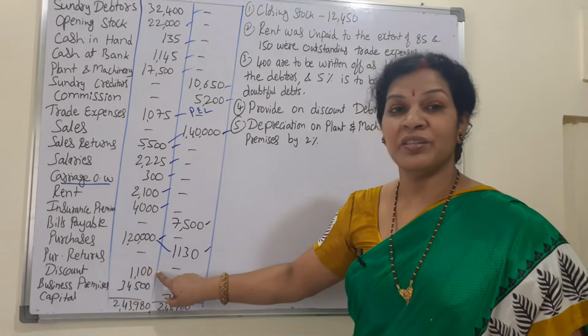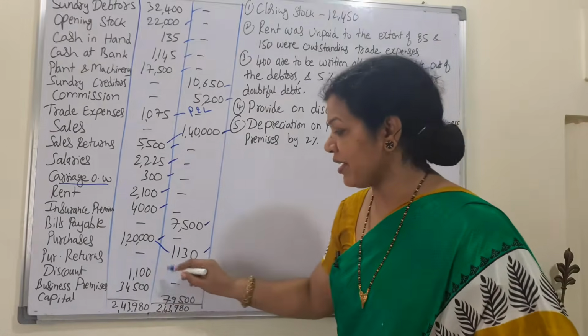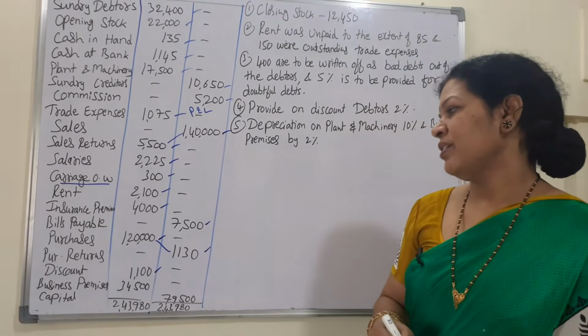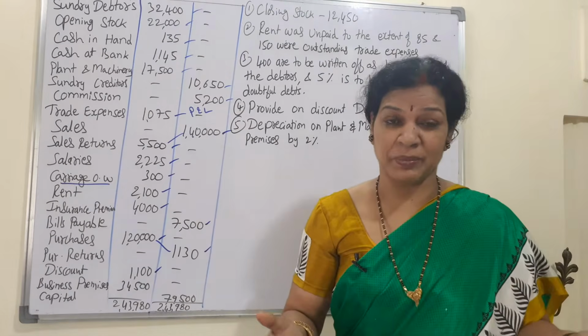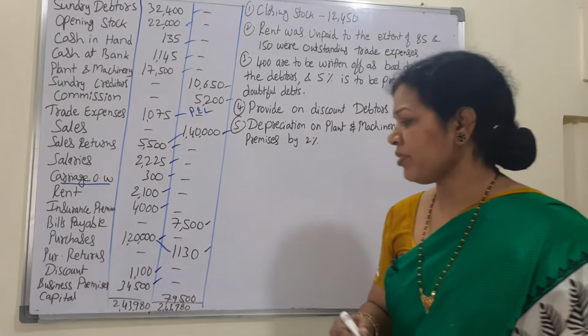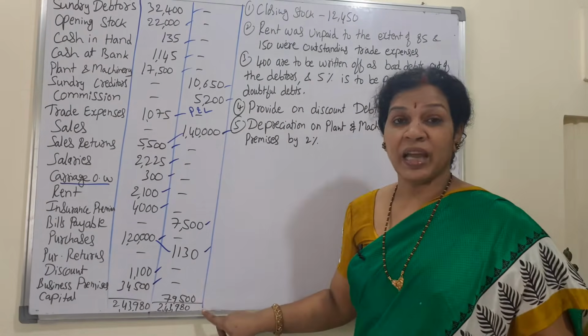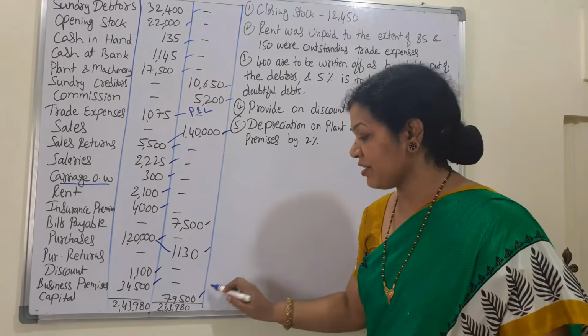Next, discount, profit and loss account debit side, because it is an indirect expense. Next, business premises, that's an asset, so balance sheet asset. Next, capital. Capital is always taken on the balance sheet liability side.